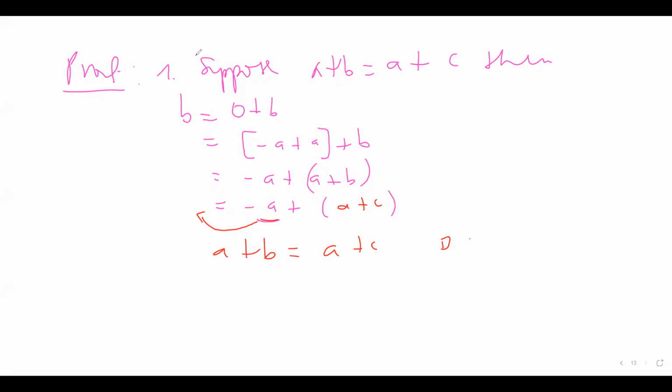Of course, the other way is you go also from the other side. So from here we see that B is equal to minus A plus C.